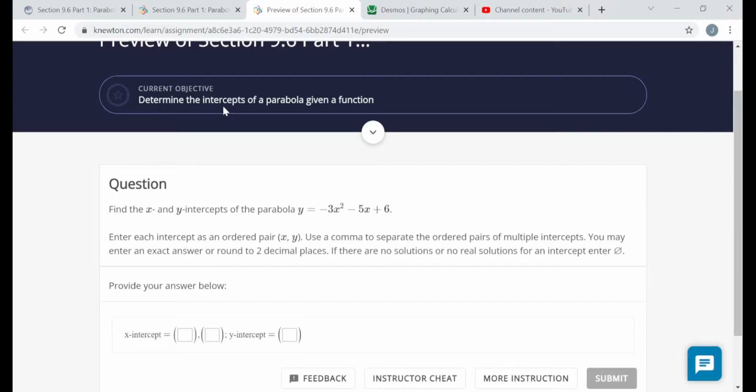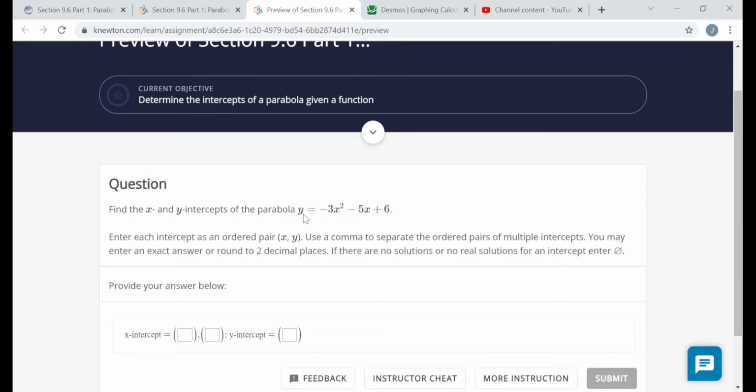X-intercepts were points on the x-axis, and if you're on the x-axis, that means your y-coordinate is 0. And then y-intercepts were points on the y-axis, and if you're on the y-axis, the x-coordinate is 0.